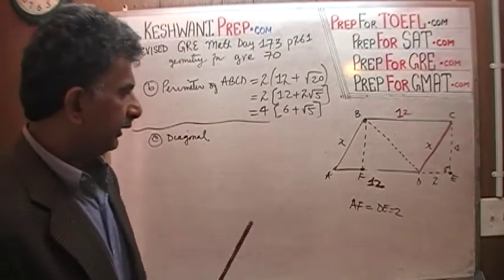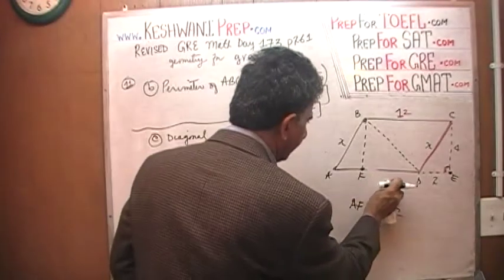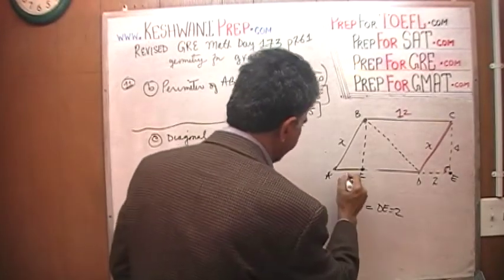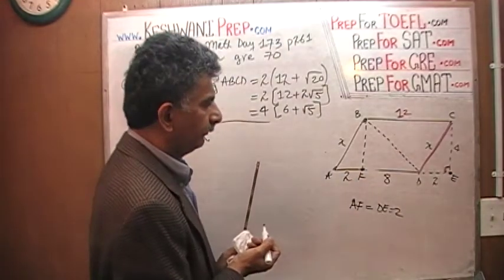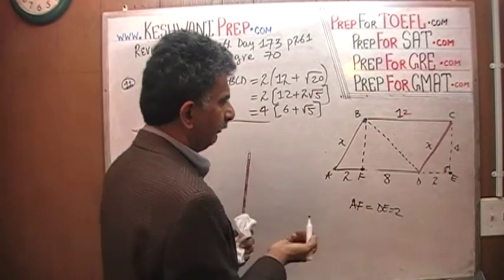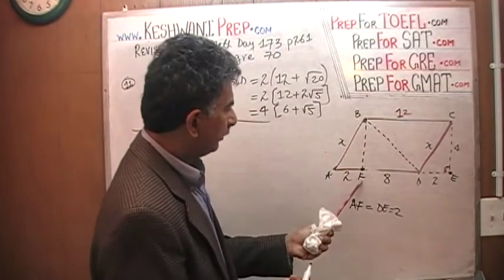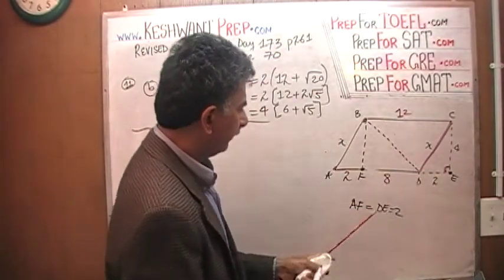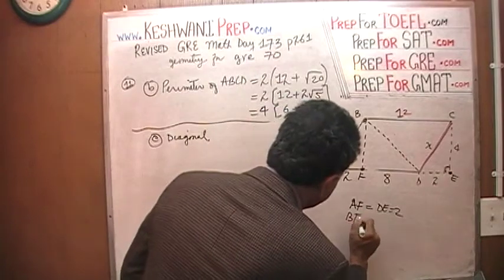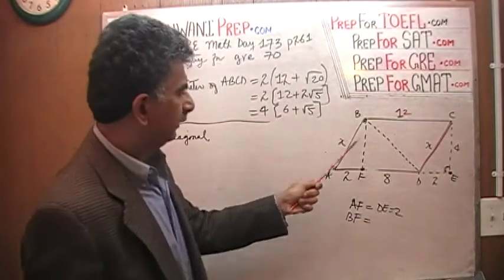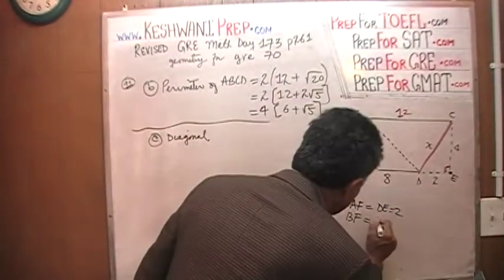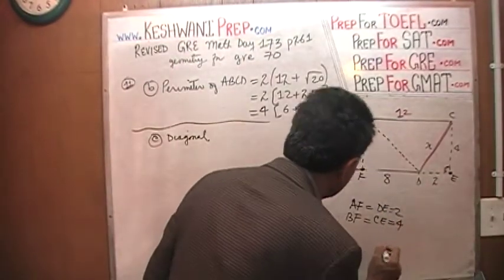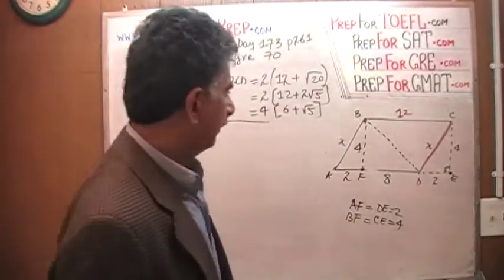Okay, stay with me in the story. So A to F is 2, and F to D is 8. Now we are done. And B to F we know is 4, which is same as C to E, which we are told is 4. So this is 4.